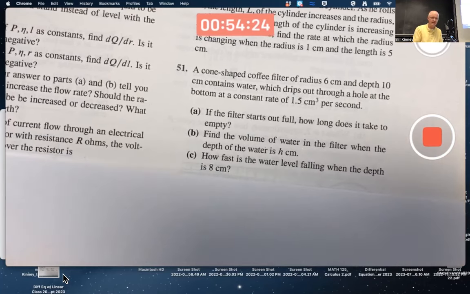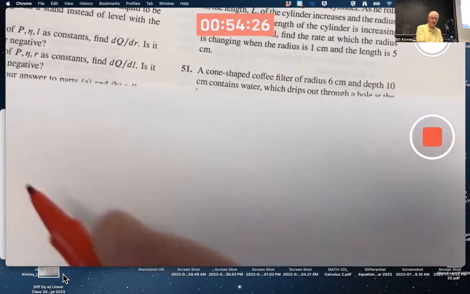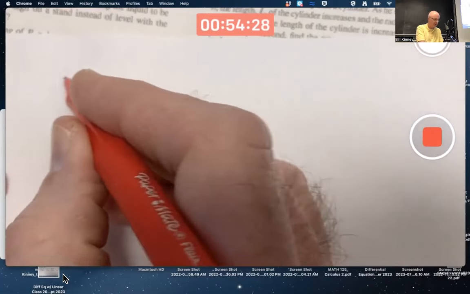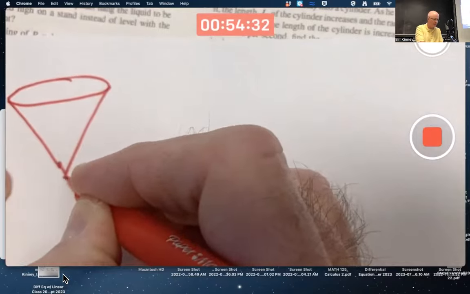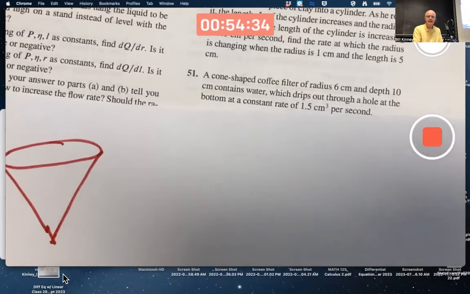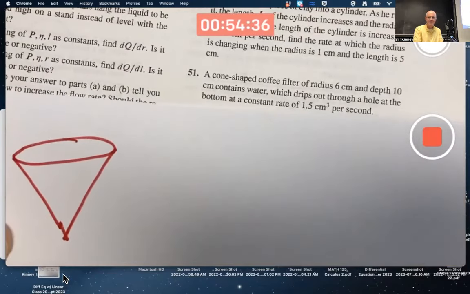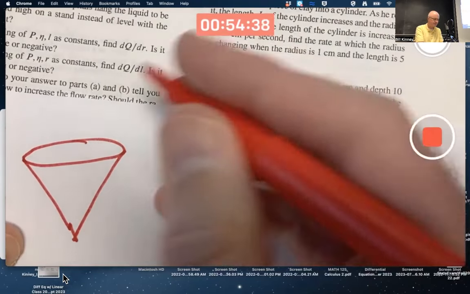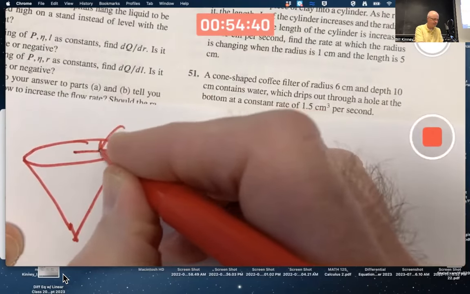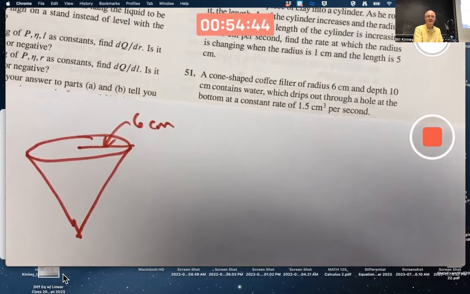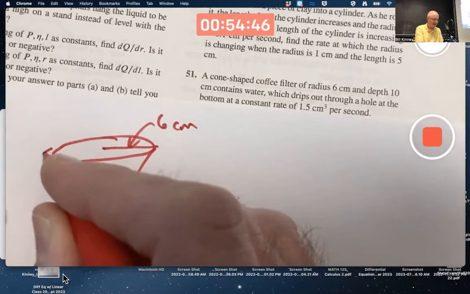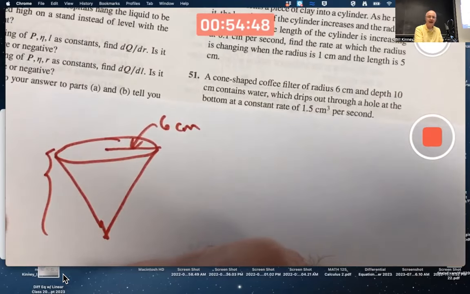First, make a drawing. Cone shape filter. There it is. Radius of 6 centimeters. Depth, in other words, height of 10 centimeters.